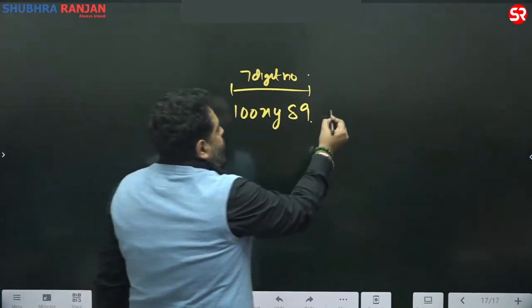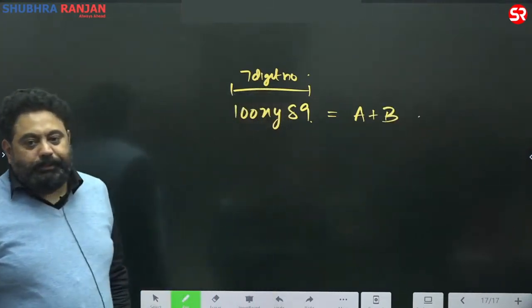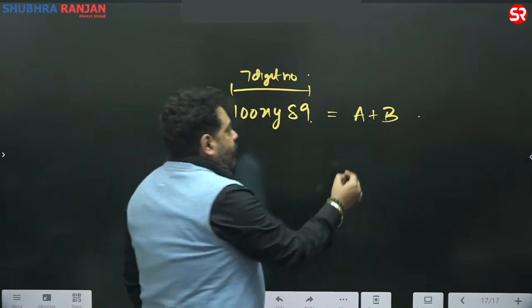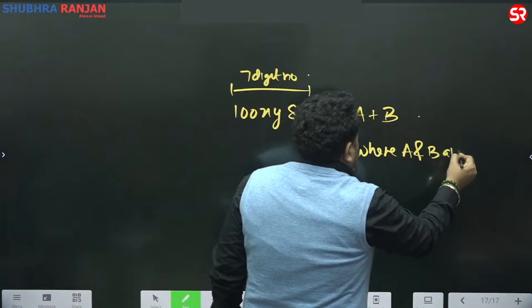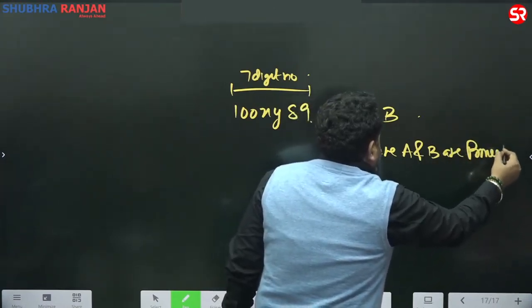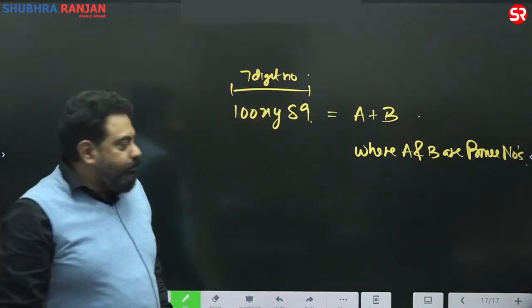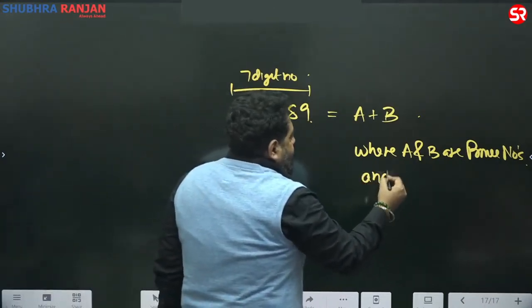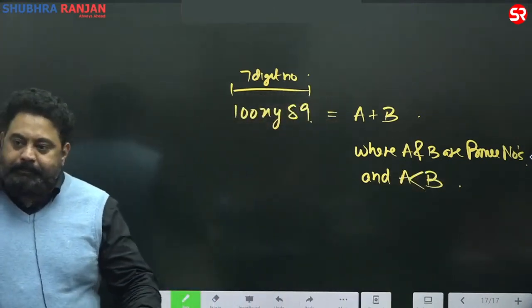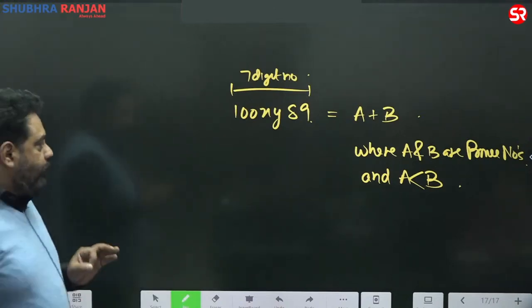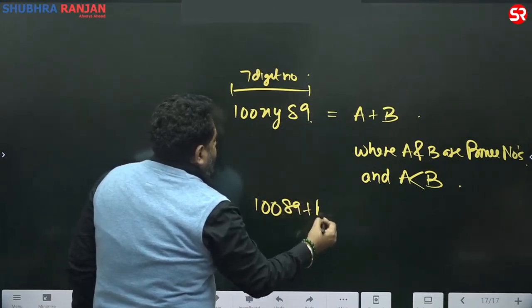It is equal to A plus B, where A and B are prime numbers and A is less than B. So what is 10089 plus A equal to?